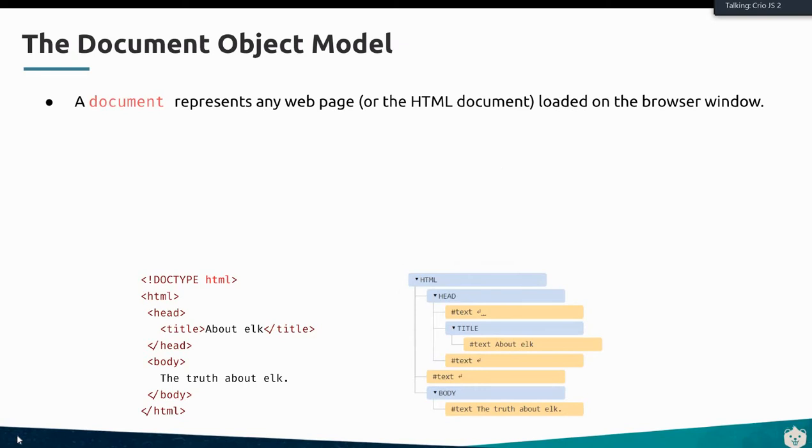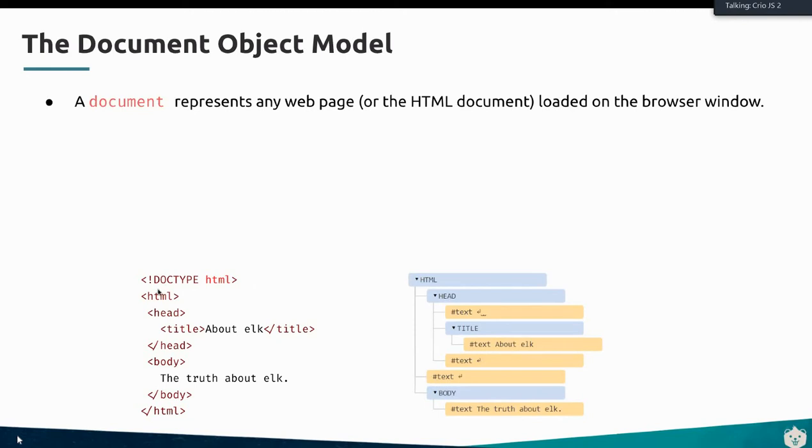So the document is actually a representation of the web page. The HTML document is actually the document. Now, through JavaScript, through the document object, we can manipulate whatever HTML document is rendered.